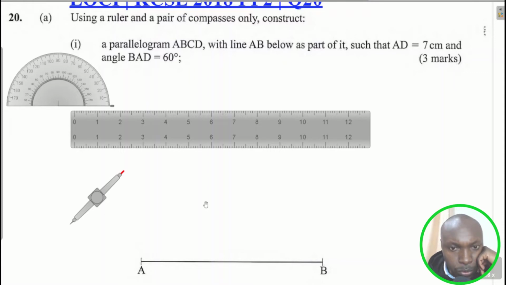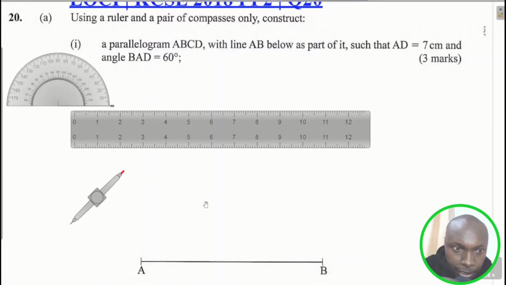Now you're required to know at least one important property of a parallelogram. A parallelogram has two pairs of sides that are opposite each other, that are parallel and equal. Two opposite sides of a parallelogram are equal and parallel.